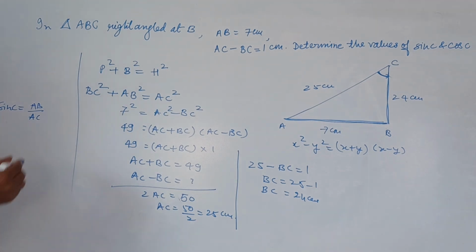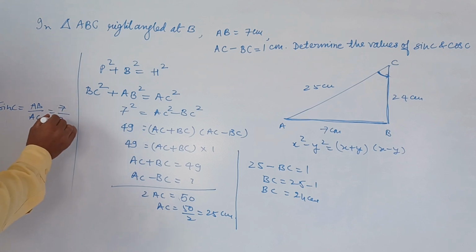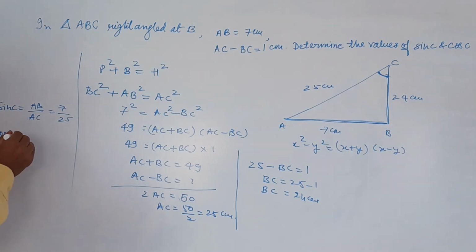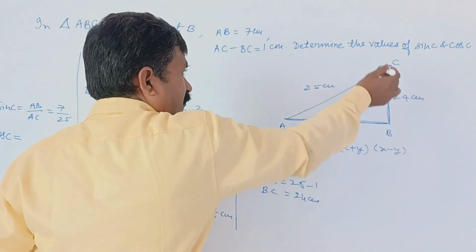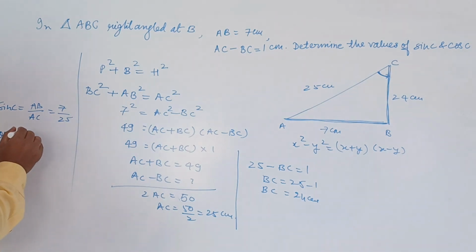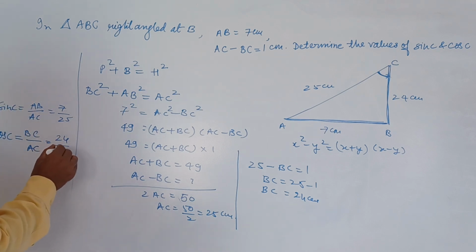AB is known to you, that is 7 और AC आपके सामने 25. Similarly for cos C क्या होगा? ये इसके लिए बेस का काम करना और हाइपोटेन्यूज. तो बेस जो है आपका BC हो गया, हाइपोटेन्यूज आपका AC है, BC आपका 24 है और AC 25. So finally we have got the answer.